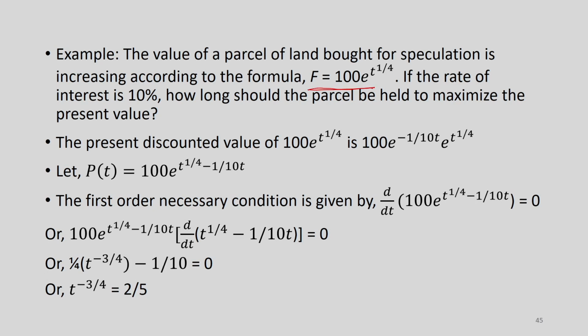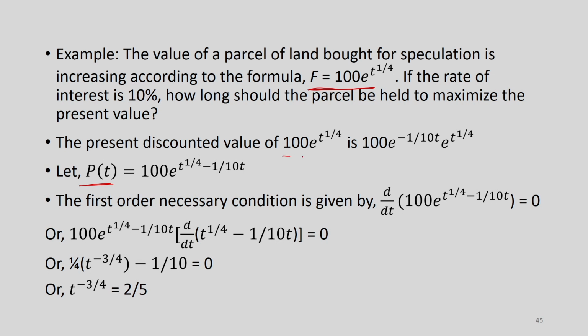Now, the first thing we need to do is to find the present discounted value of this, because right now this is not the discounted value, this is the current value of the land, at that point of time where we are looking at the value of the land. So, first thing to do is to find out the present discounted value. Let the present discounted value be given by P of t.